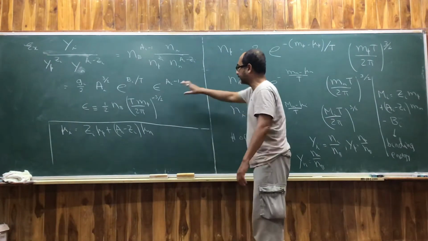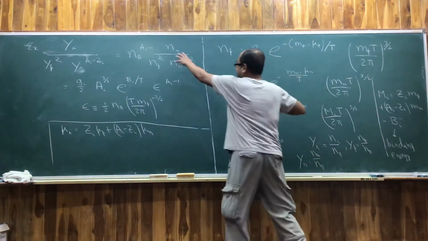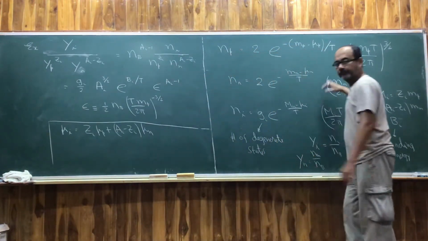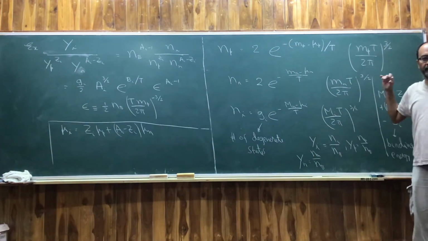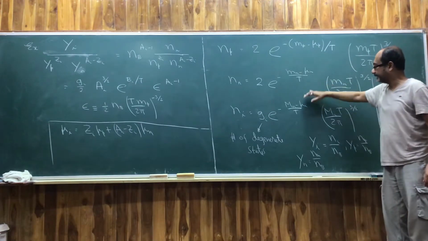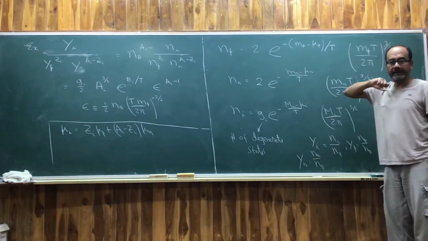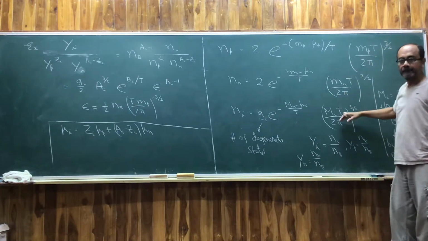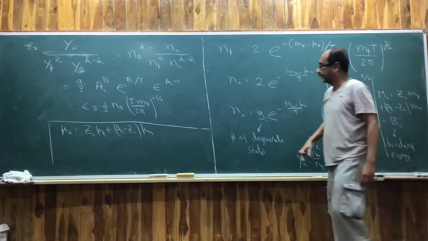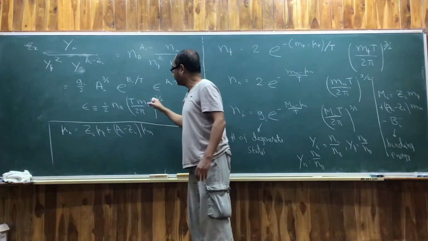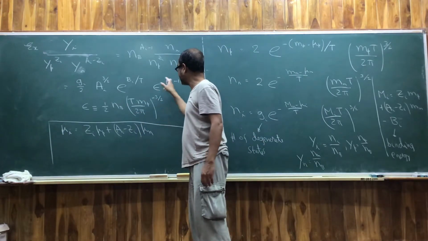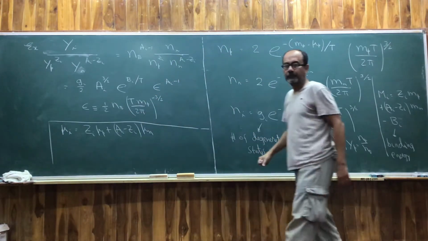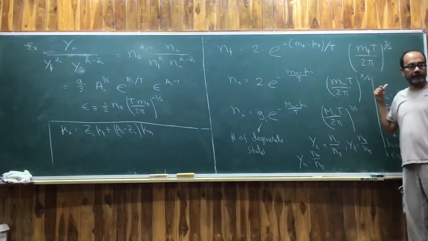I got this just by substituting the ni, np and nn from here. The exponents we can easily check, gives you e to the bi by t, and then the rest of the factors, these factors that we see here, are the ones which give you this epsilon to the ai minus 1. But let me explain what approximation I have made.